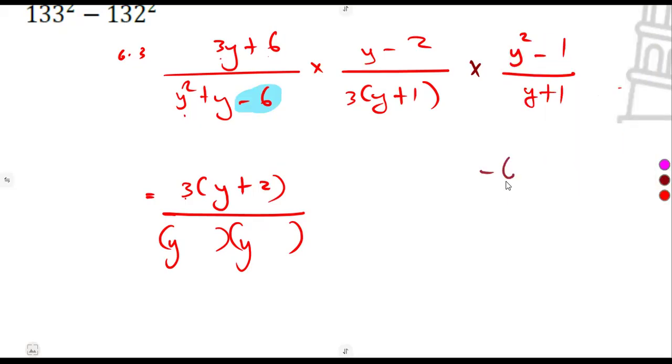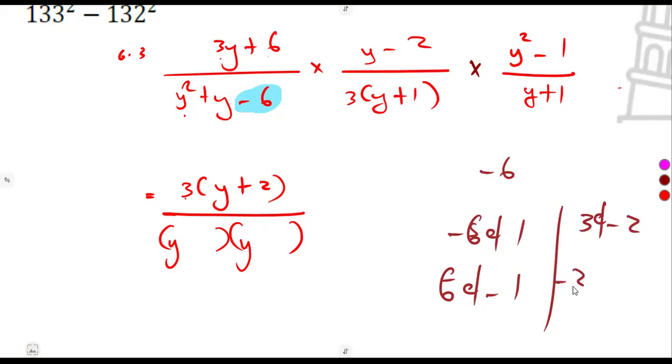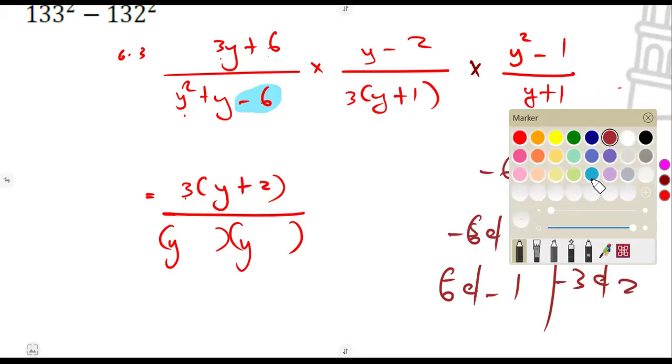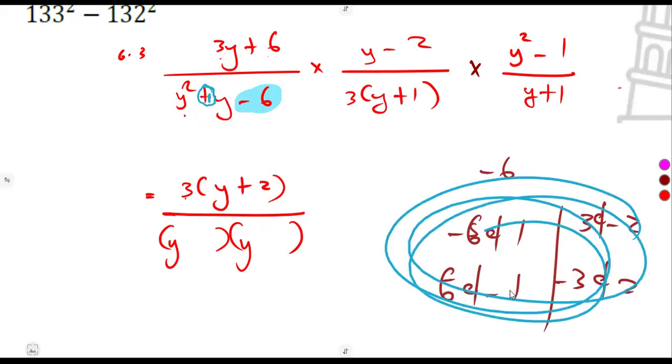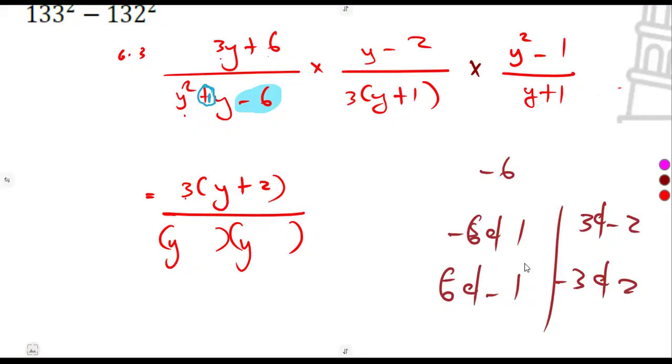It's a repetition: -6 and 1, 6 and -1, 3 and -2, -3 and 2. But this time, when we add them, we must get the coefficient of y, which is +1. Of all the factors of 6, which pair, when we add, we get a 1? Yes, totally out.